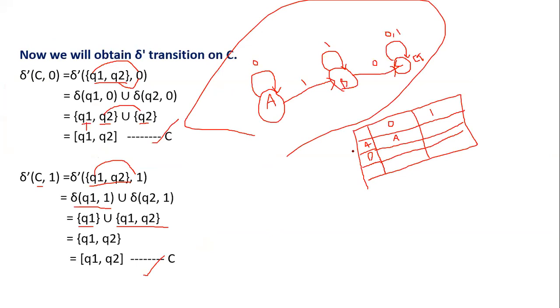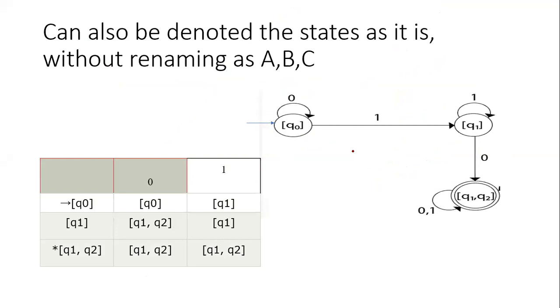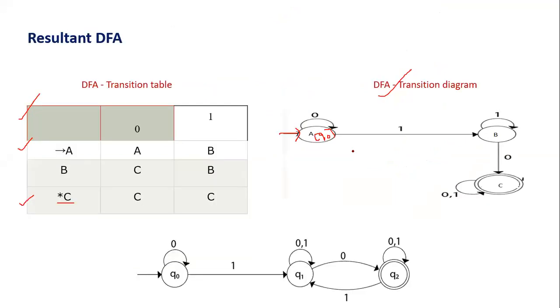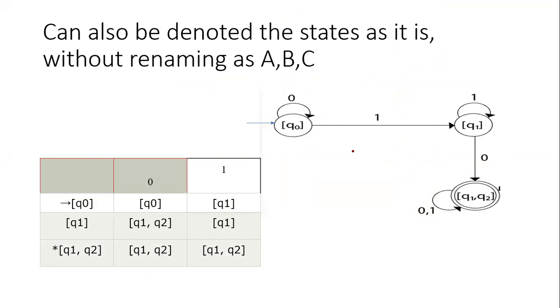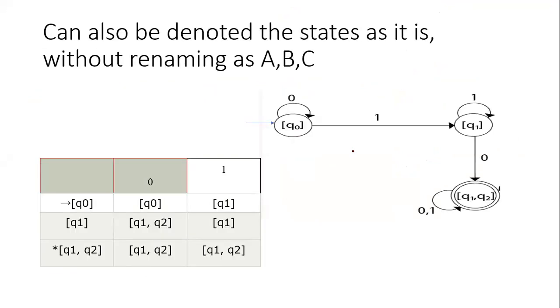After finding all those things, you can draw the transition diagram and transition table. As I have already said, in place of A you can give Q0, in place of B you can give Q1, and in place of C you can give Q2. You can denote it like this also.